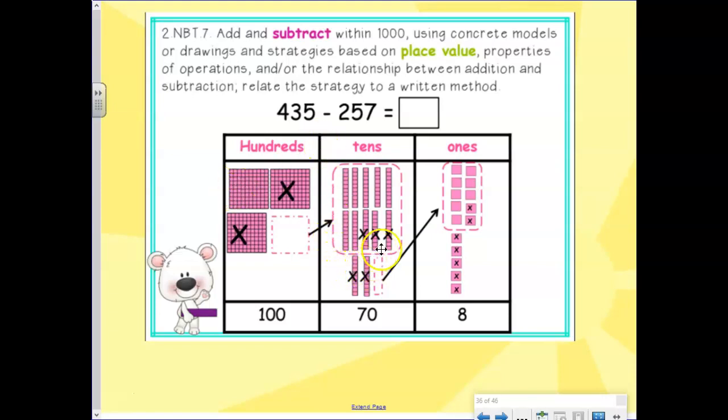The last time we practiced, we had to go next door and grab a group of 10 and move over. Now we're going to see today what happens when you don't have enough tens and you have to go next door and grab 100 more. All right, regrouping in the hundreds place.